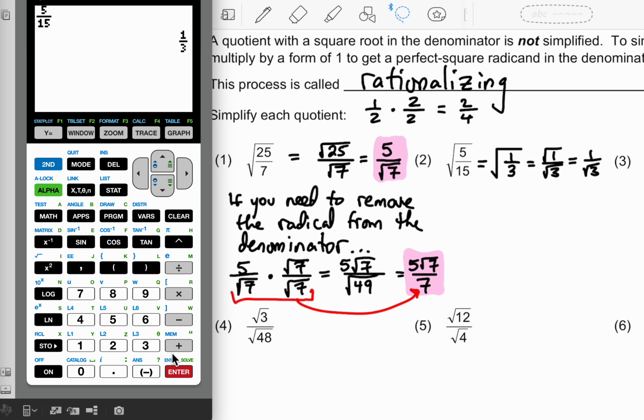So if you need to rationalize the denominator, you'd take that 1 over radical 3. I need to get rid of the radical 3 on the bottom, so I multiply by itself. But I can't just multiply the bottom of a fraction by a number without also multiplying the top by that same number.